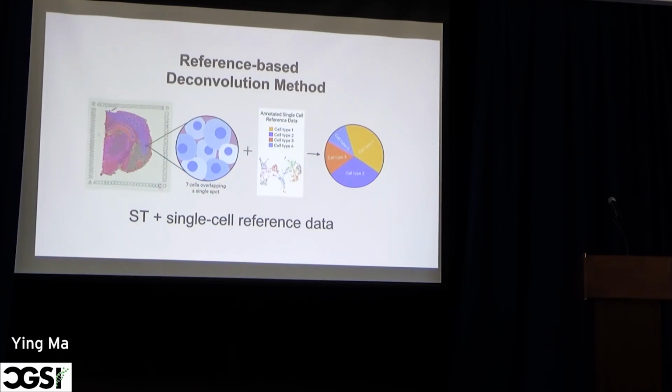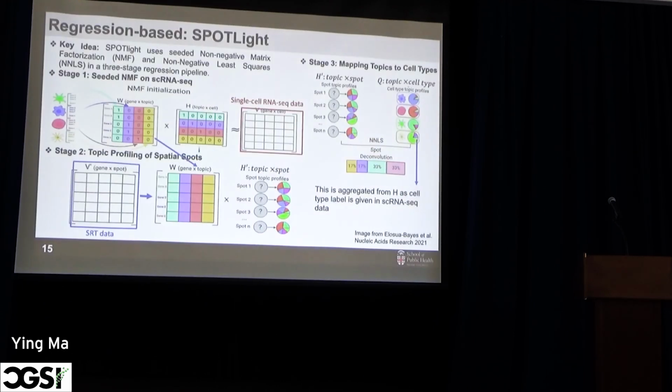The key idea is to leverage the existing single-cell reference data, which provides the cell type specific gene expression profile, for the deconvolution of spatial transcriptomics data at each spatial location. The first category is regression-based. Here I list one representative method called SPOTlight.